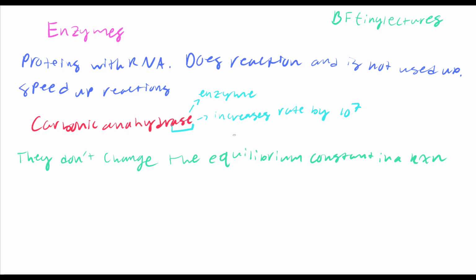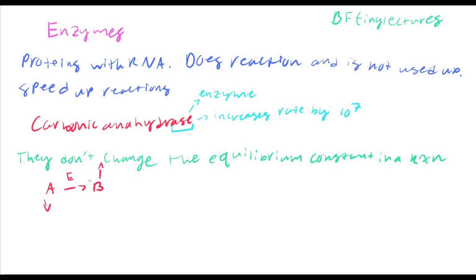Well, in simpler terms, it means that if it speeds up the product formation, it's not going to slow down the reactant depletion, right? So if we have A going to B, and let's have an enzyme, let's call that E, for enzyme, well, when B goes up, A is not going to go down.